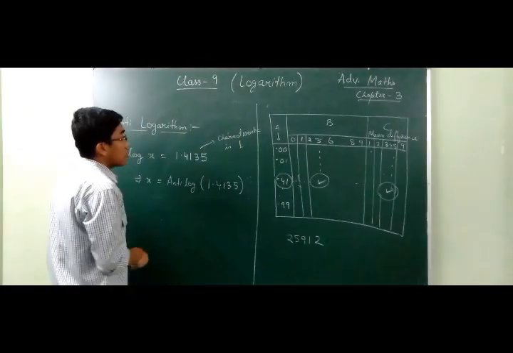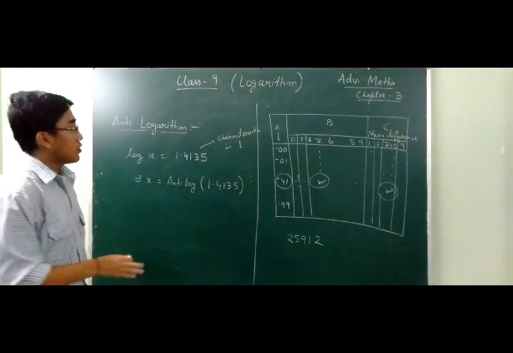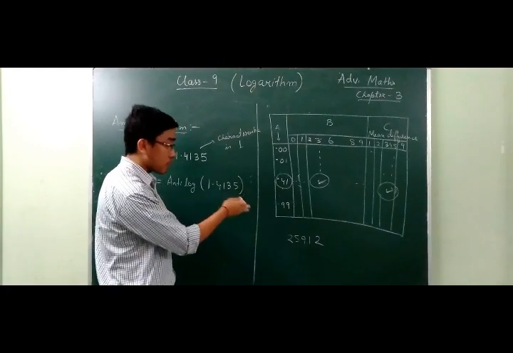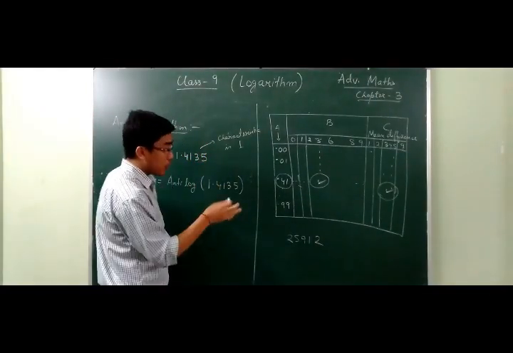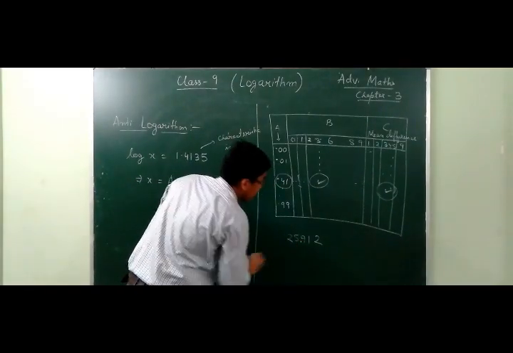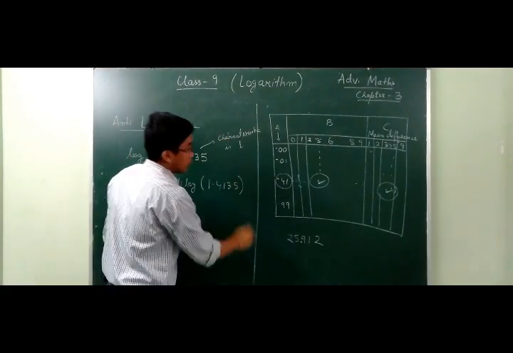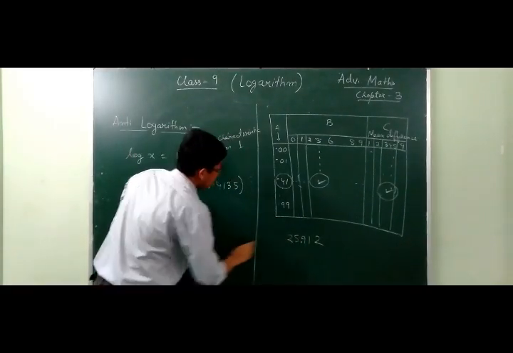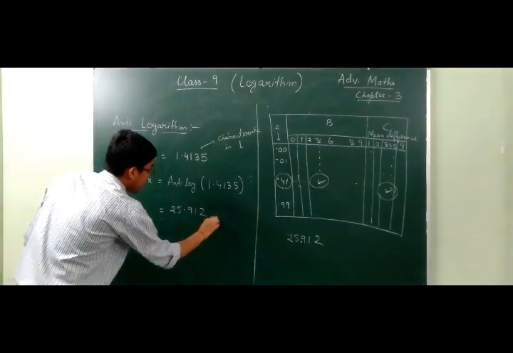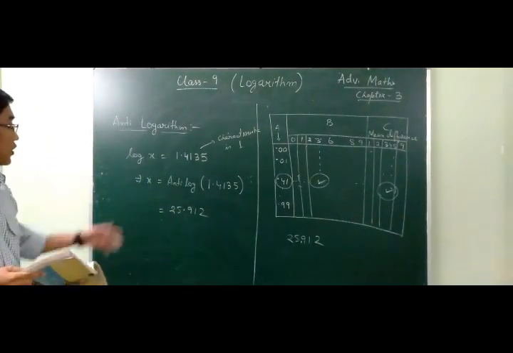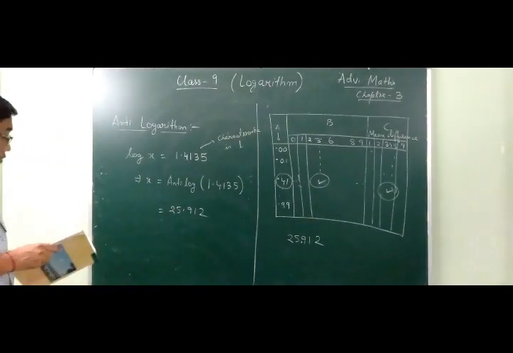That means if my characteristic is 1, then it is guaranteed that the number of digits before the decimal point will be 2. That means I have to put my decimal point here. Why? Because the characteristic is 1, so the number of digits before is 2. That means I can write this as 25.912. So in this way you find the antilog of this. So we have got the value of x.